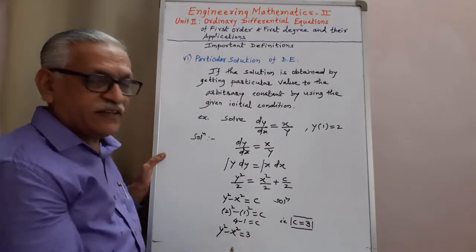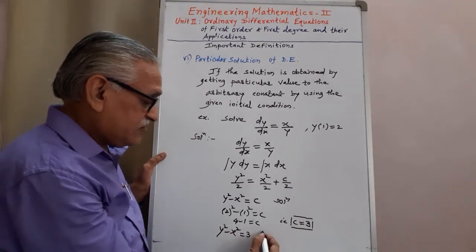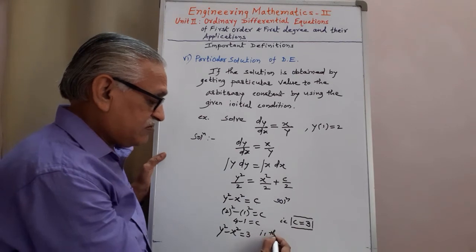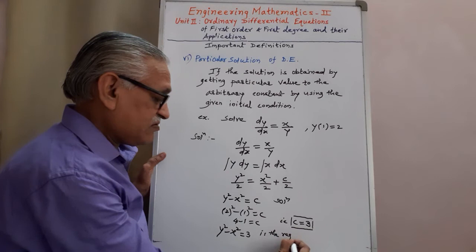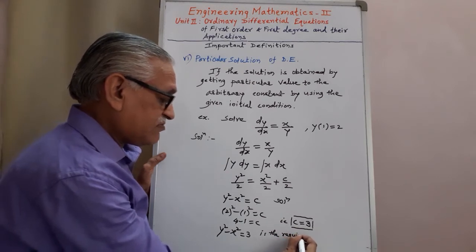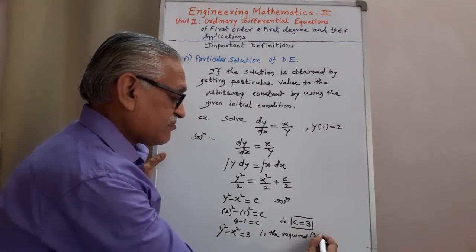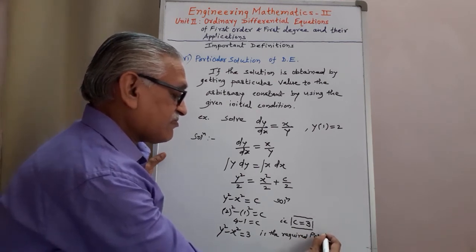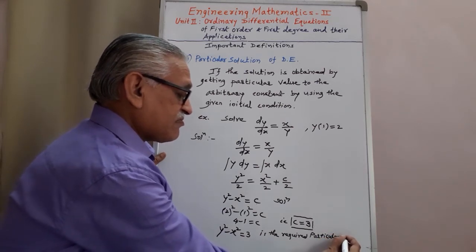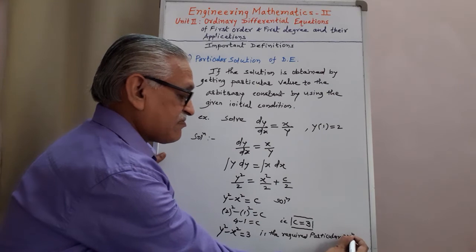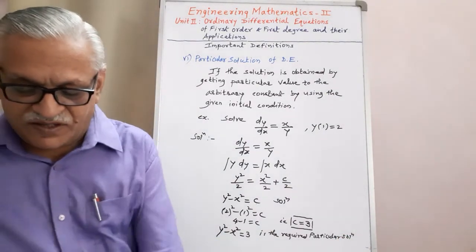Because we are getting some particular value for that arbitrary constant. This is the required particular solution.